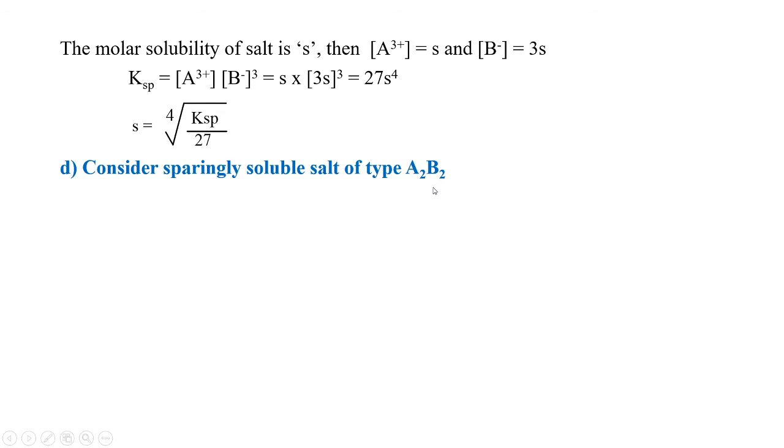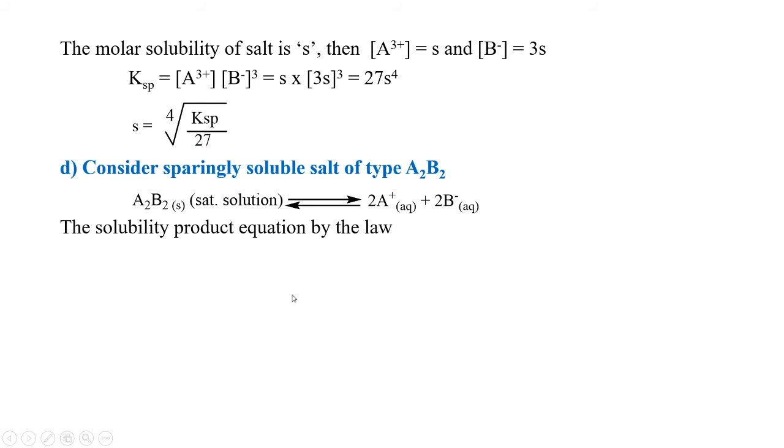Next, A2B2 type. This A2B2 salt dissociates into 2A+ and 2B-, and the solubility product by using the law we can write KSP is equal to (A+) square into (B-) square.